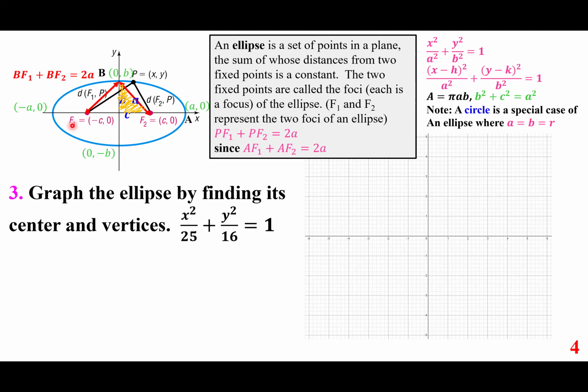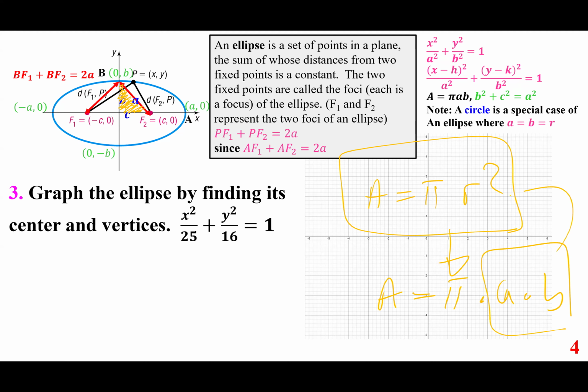In other words, F1 and F2 come together and become the center. Now, the area of a circle is pi r squared. So with this in mind, the area must be pi times A times B. Remember, when A is equal to B, we get R. So that's how we arrive at that.